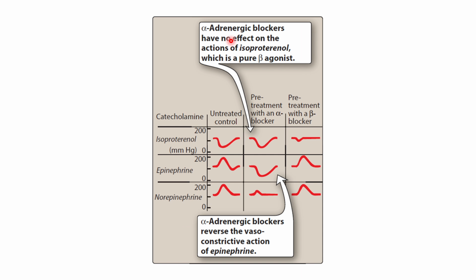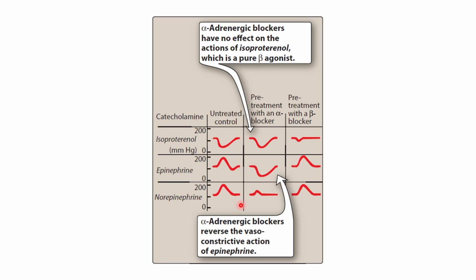They also block the effect of epinephrine. Epinephrine normally will increase the blood pressure, but if we give an alpha blocker, then epinephrine will decrease blood pressure because it will only stimulate beta 2 adrenoreceptors of the vessels, and the alpha receptors will be blocked.